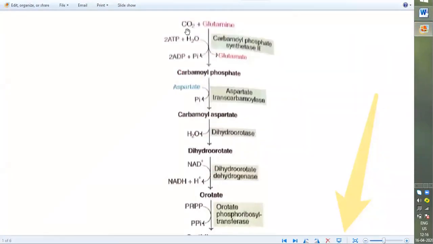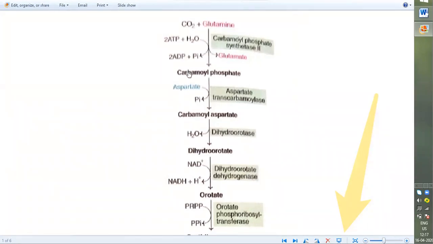In the first step, carbon dioxide and glutamine combine to form carbamoyl phosphate. The phosphate ion is obtained from ATP, which becomes ADP and releases one phosphate ion. That phosphate is added as well.